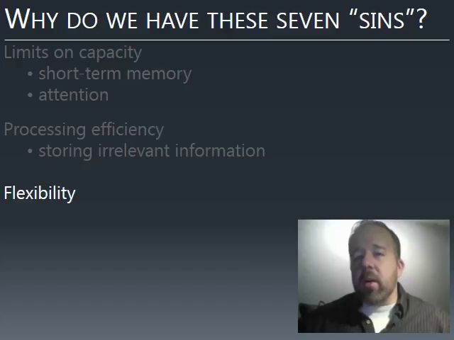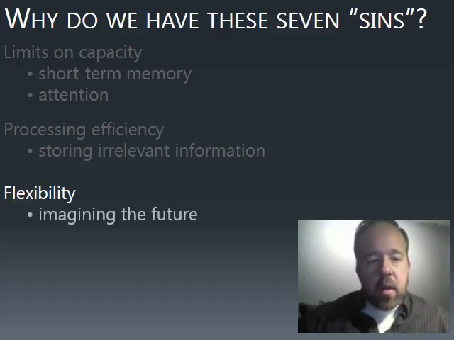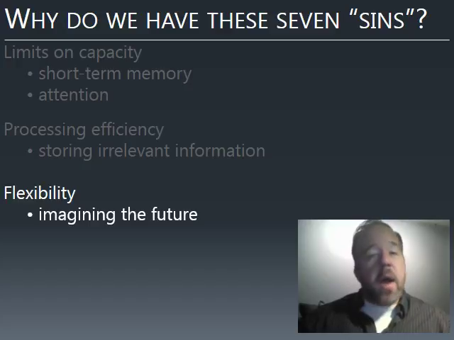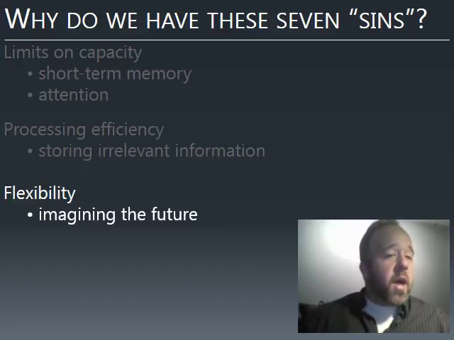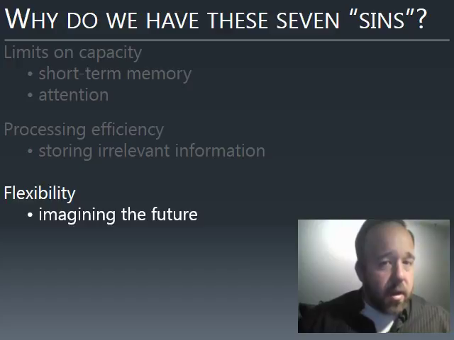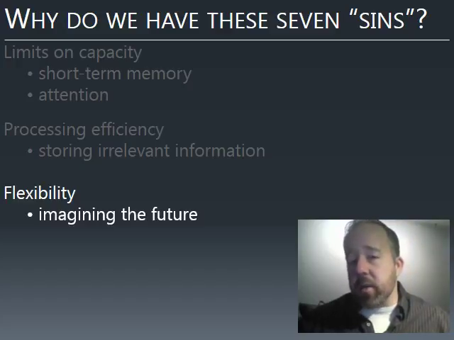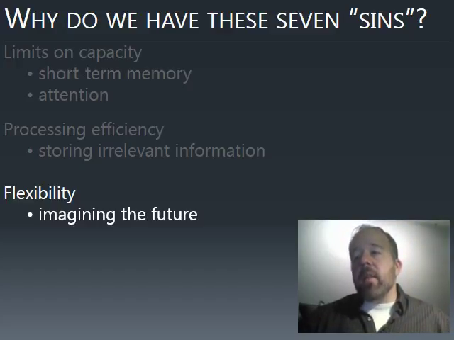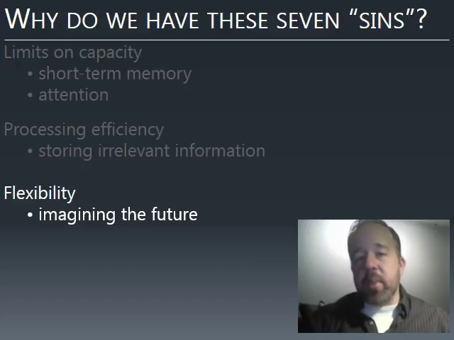Also, some of the errors may be sort of side effects of our mental flexibility. So when it comes to imagining the future, for example, that's an important capacity. It helps us plan, helps us think of alternate scenarios, so that we don't have to experience everything. We can try to imagine certain experiences and then make decisions based on that.